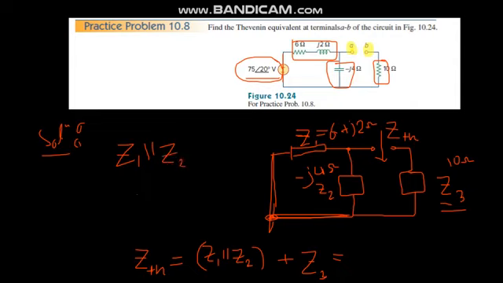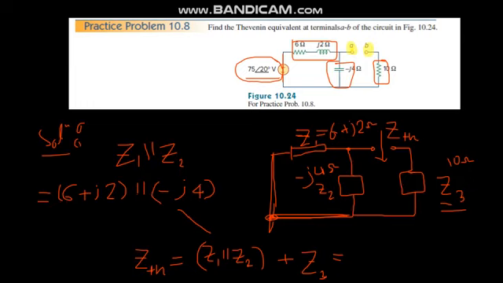6 plus j2 parallel to minus j4. As you can calculate on your own, you multiply these two and divide by the summation of them, then you get a result.